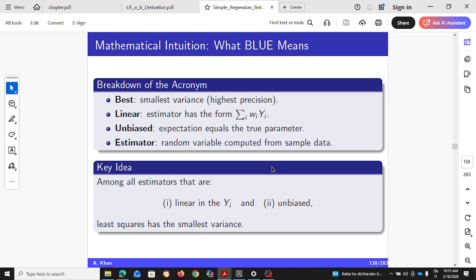We assume the linearity must exist in our relation between x and y. The estimator is unbiased. So the key idea here for the linear least square estimator is that linearity should hold between x and y, and the estimator should be unbiased.